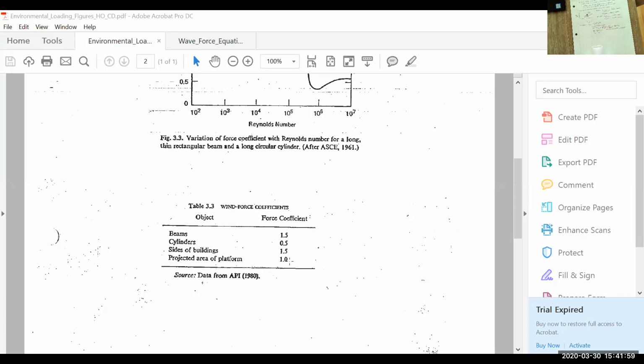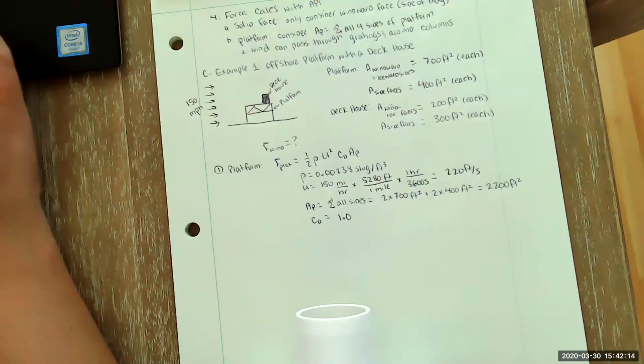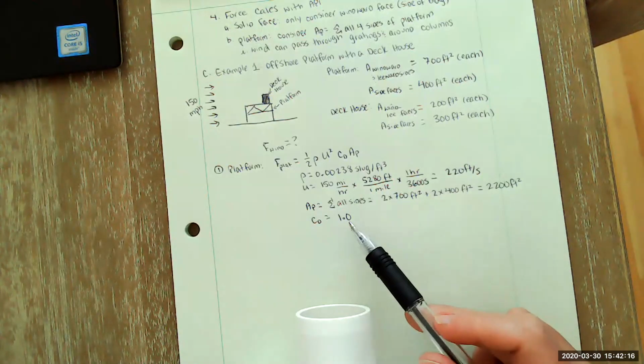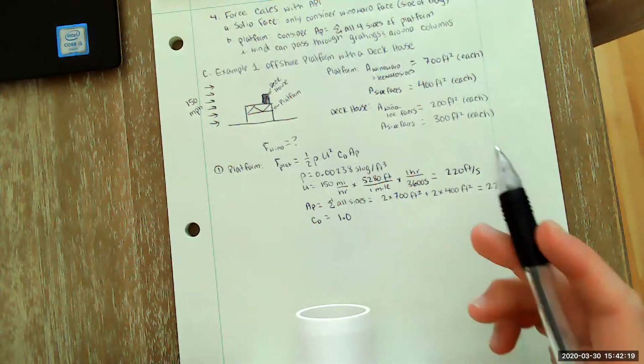This is sort of a non-conservative value because we're not increasing the value of the wind force. But the reason you can use a factor of 1 is because you're being so conservative with your projected area when you're considering an offshore platform. So we have C sub D equals 1.0.